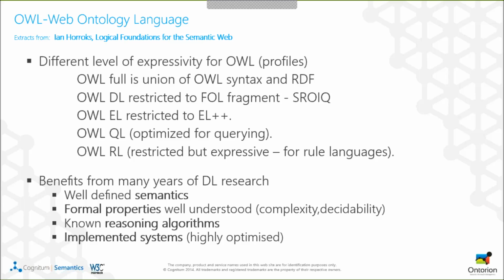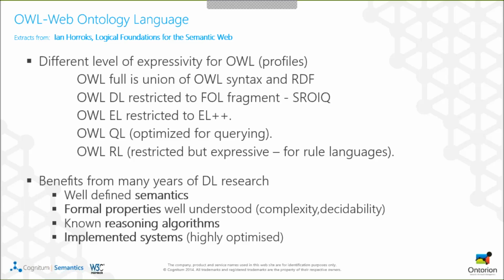The nice thing is that RL is called RL because it is a rule language. So using RL, you can generally express all the things that you can express in a rule language, and it can be implemented using rule engines. And then QL is another profile that is optimized for when you are interested in reasoning while querying.